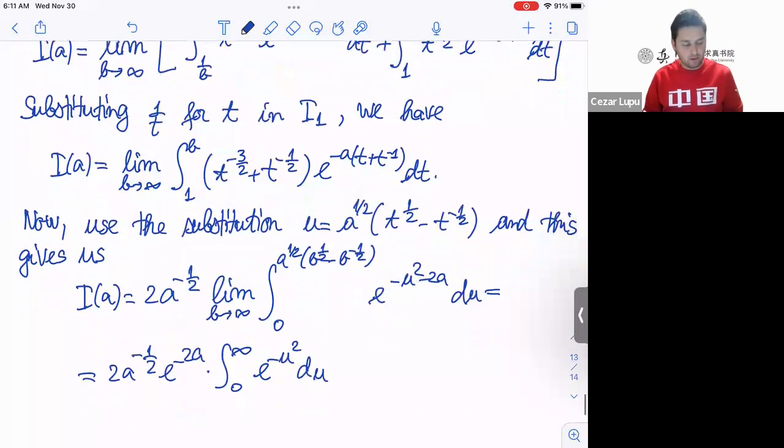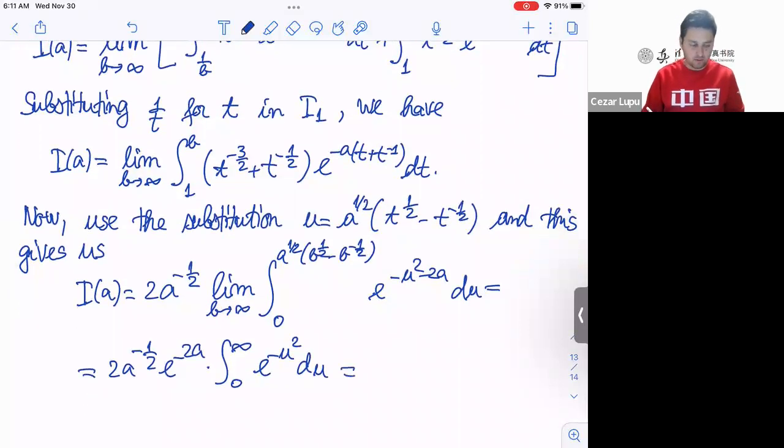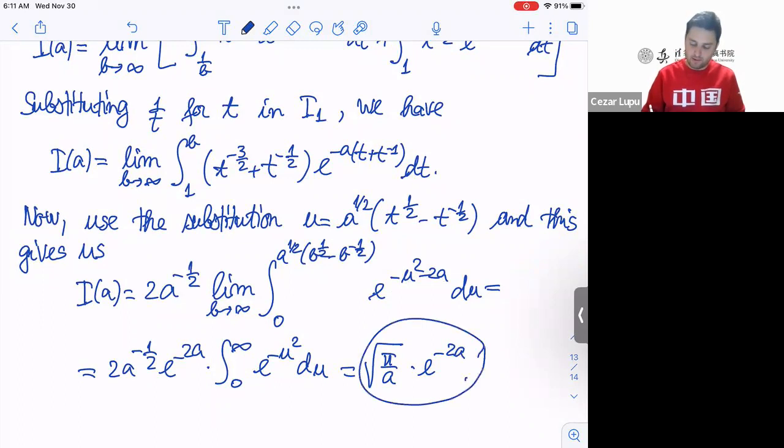But this guy we do recognize, so this would be nothing else than just the square root of pi over a times e to the negative 2a. So that's the final answer.